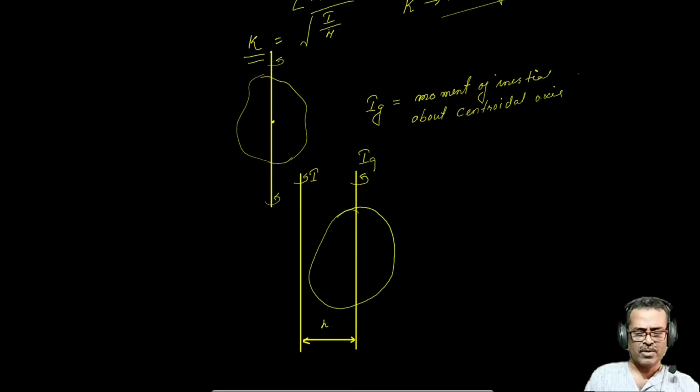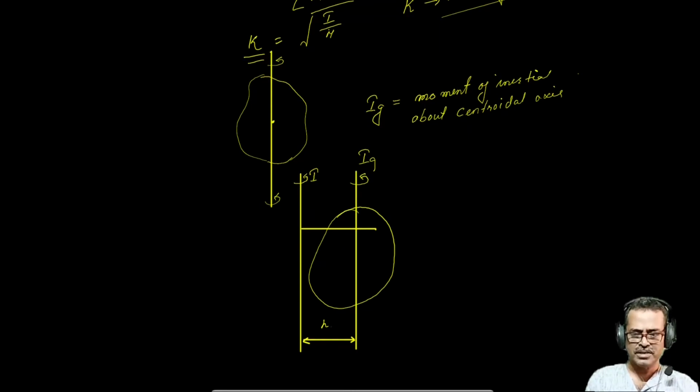Now we are considering an arbitrary point on the body which is at a y distance from the centroidal axis, and it will be y plus h distance from this axis.